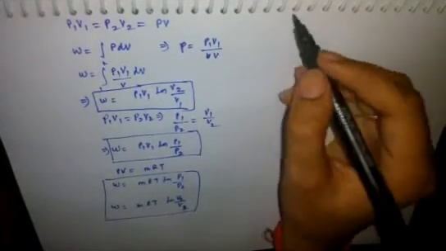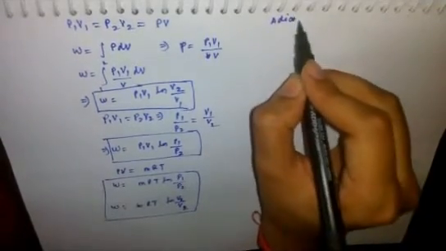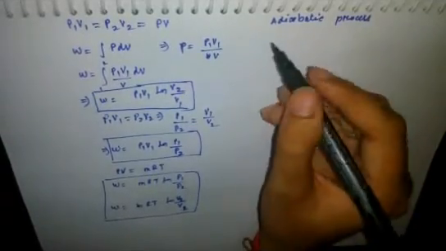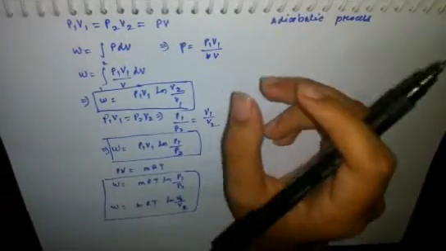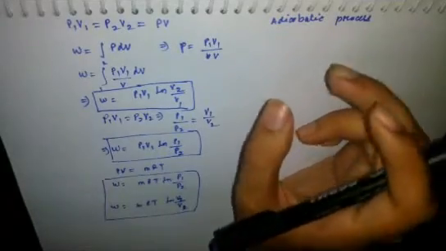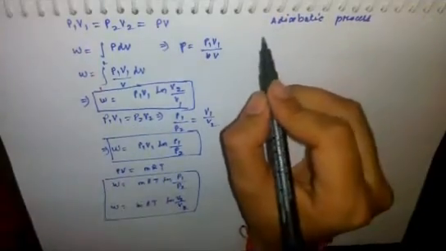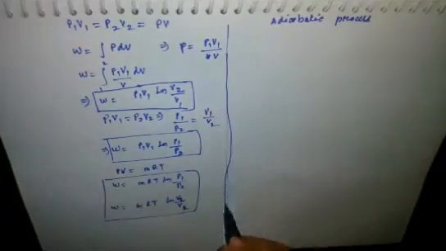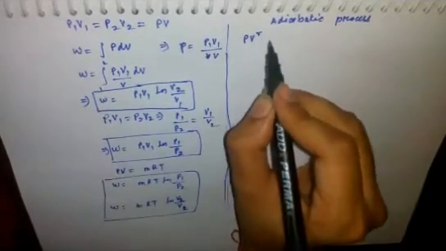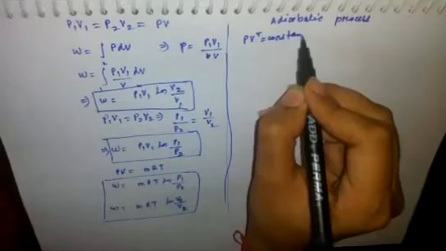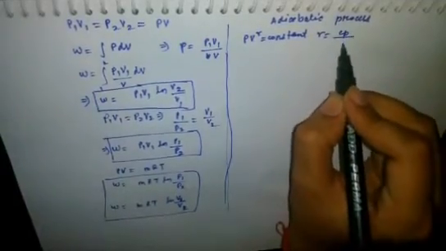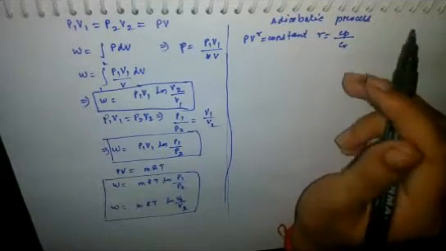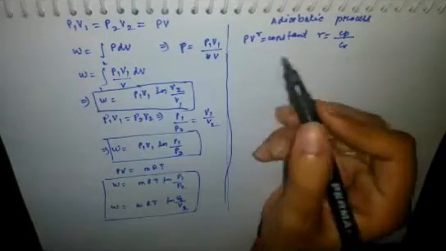Now we talk about the adiabatic process. In the adiabatic process, likewise as we studied for the isothermal equation that PV is equal to constant, generally PV to the power gamma is equal to constant, where gamma is equal to Cp by Cv, that is the ratio of specific heat at constant pressure to specific heat at constant volume.